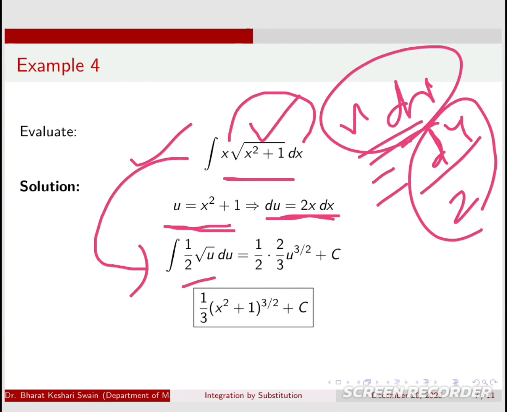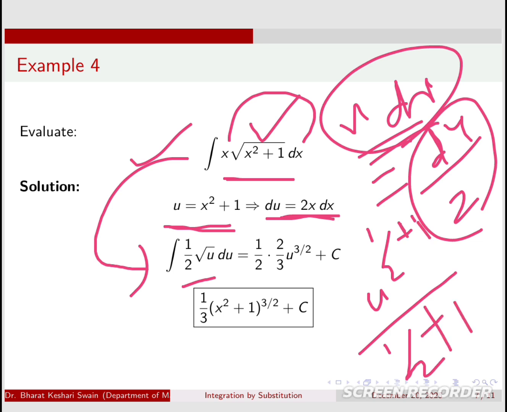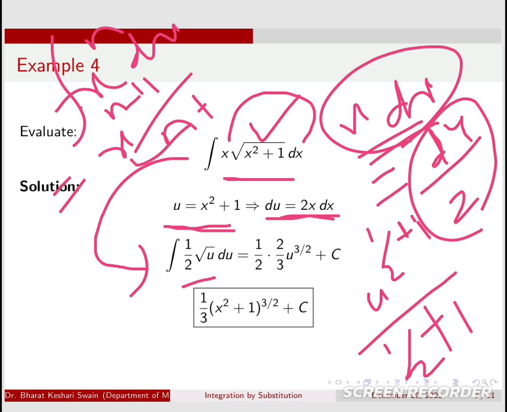Easily we can integrate it. 1 by 2 is constant, then root over of u means u to the power half, and the integration is u to the power half plus 1 divided by half plus 1. This is the formula. We know that the integration of x to the power n dx is equal to x to the power n plus 1 divided by n plus 1 plus c.